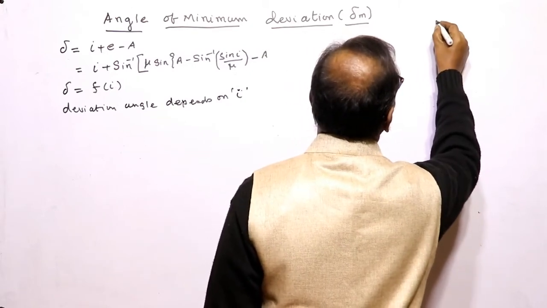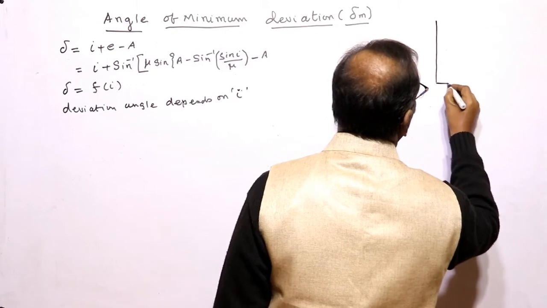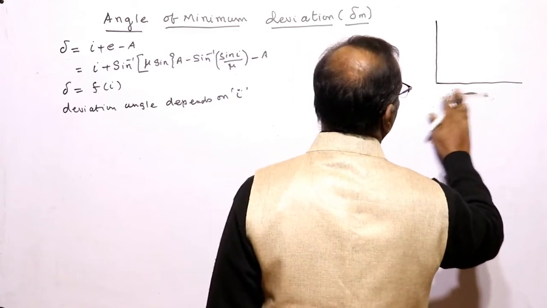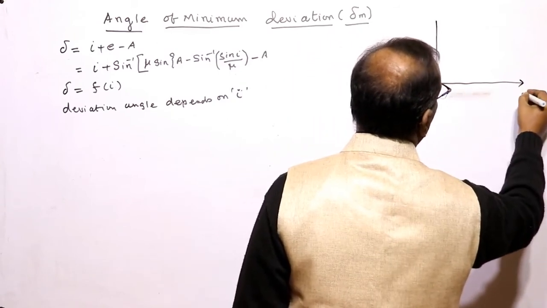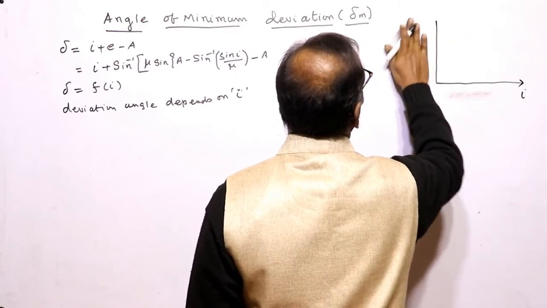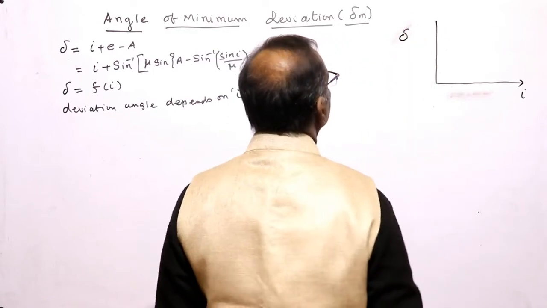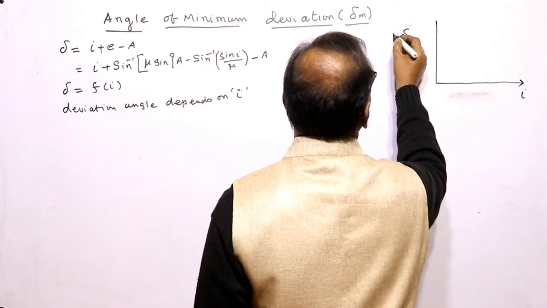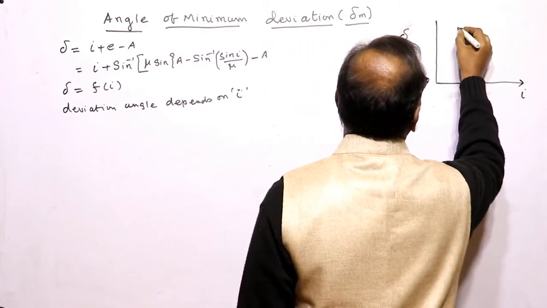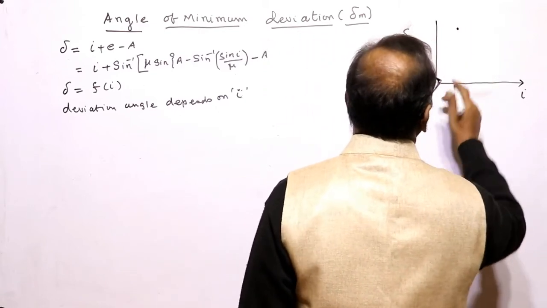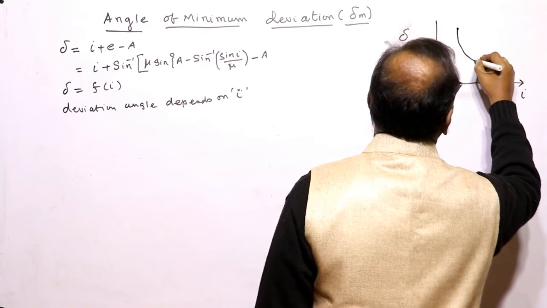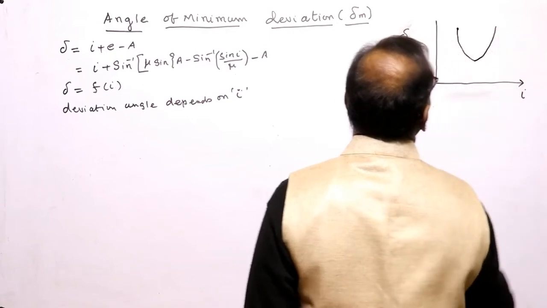Experimentally it is known that when the angle of deviation is plotted against the increasing value of I, initially the angle of deviation decreases as the angle of incidence is increased, and further it increases.